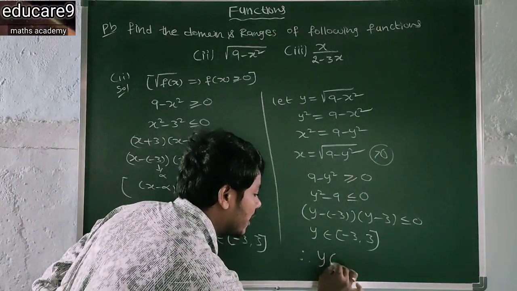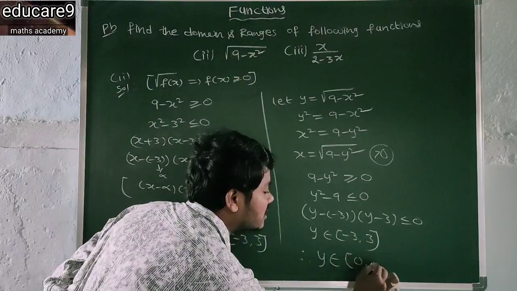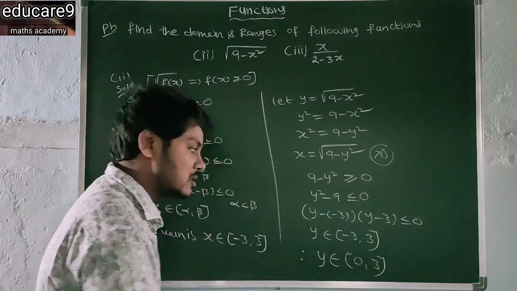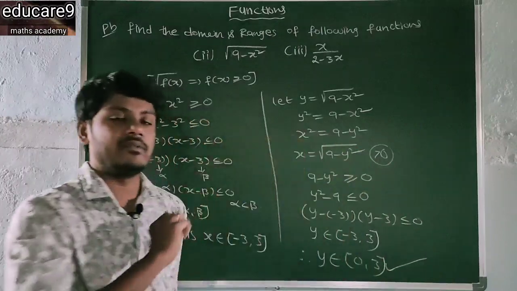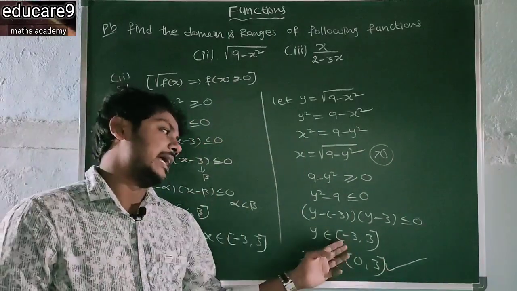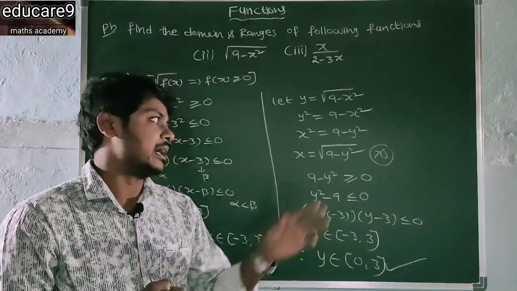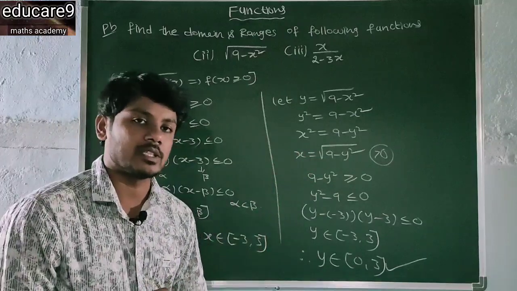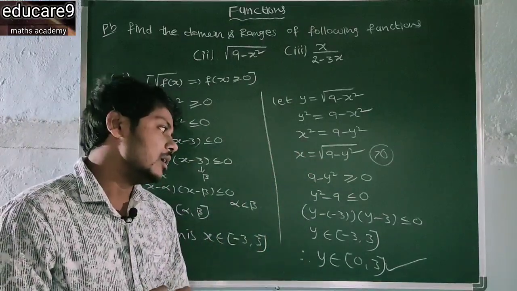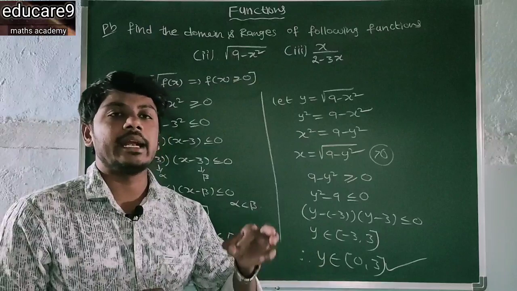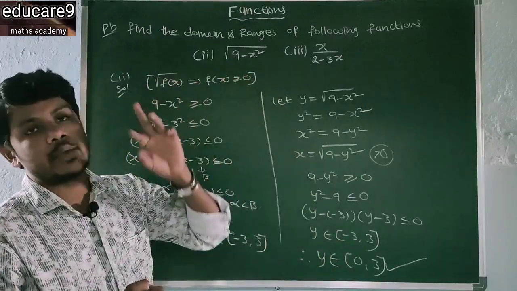Therefore y belongs to the closed interval 0 comma 3. So this is the range of the given function. So here neglect negative terms because root values are positive. And for minus 3 and 3 you will get the same output.